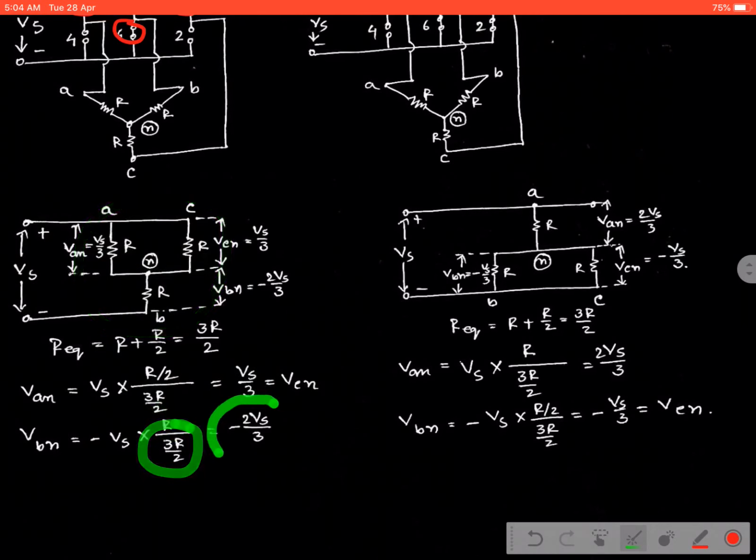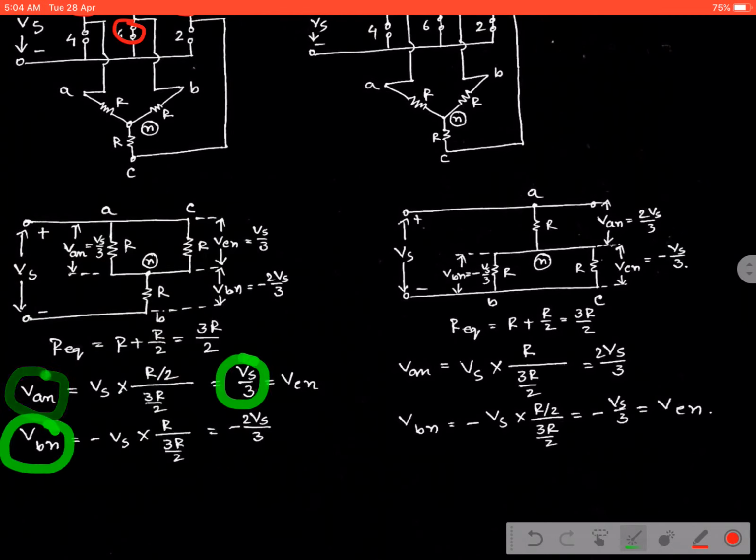So the result is minus 2Vs by 3, as B is connected to the negative terminal of the supply voltage. That is why VBN equals minus 2Vs by 3. So ultimately we have three results: VAN equals Vs by 3, VBN equals minus 2Vs by 3, and VCN equals Vs by 3.